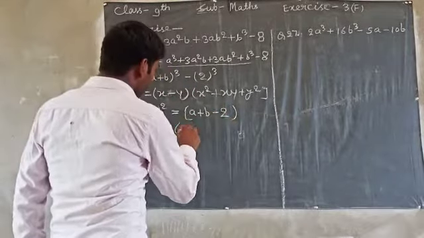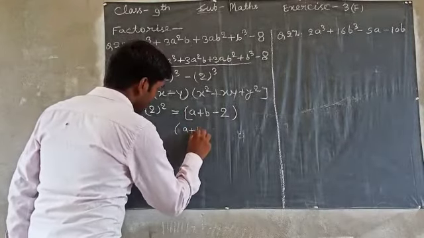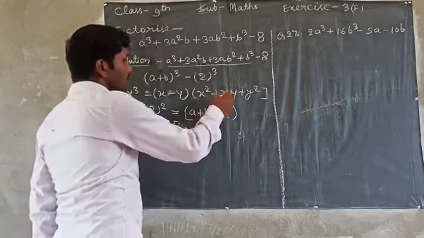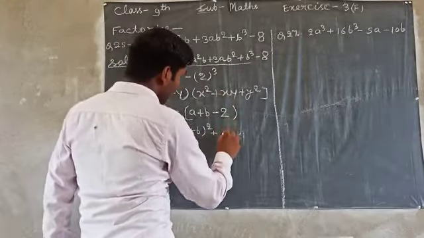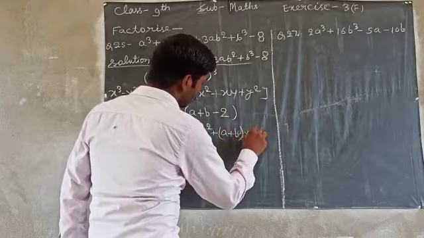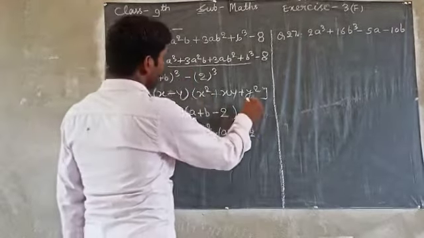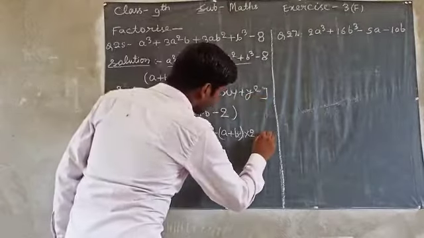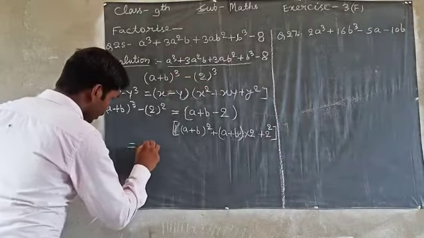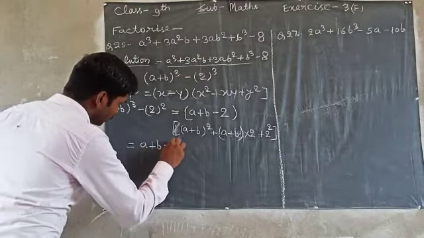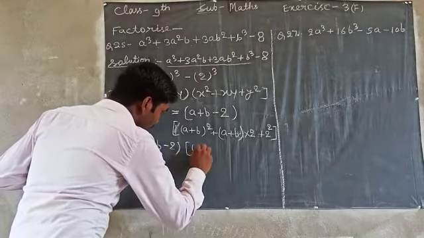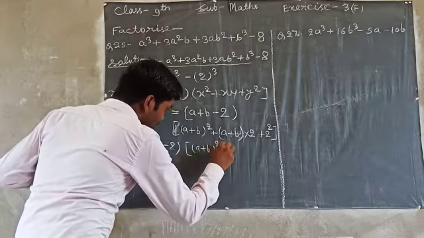In the second bracket it will be (a plus b) whole square, and plus x means (a plus b) into 2, and in place of y square we will put 2 square. Now it will be (a plus b minus 2), and in another bracket (a plus b) whole square.